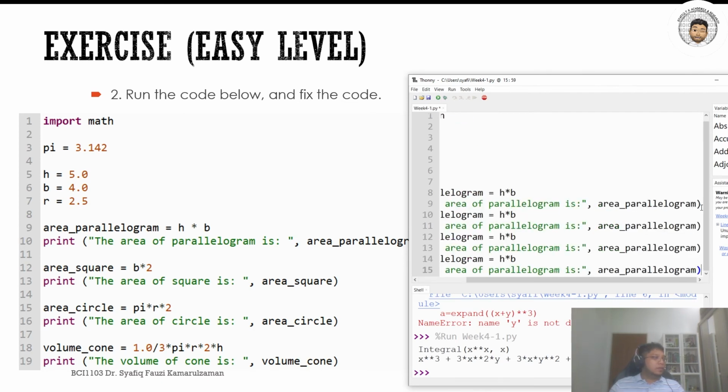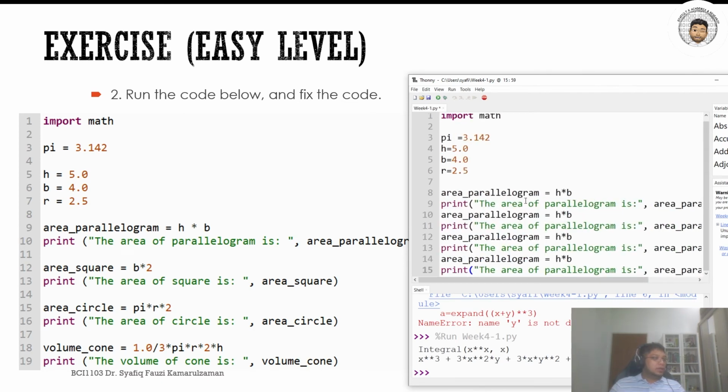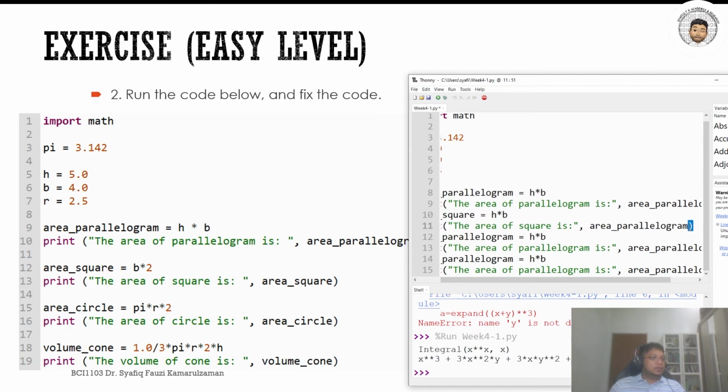Then we change this one into square. The equation changes to b times 2. Is it correct? Area of square.